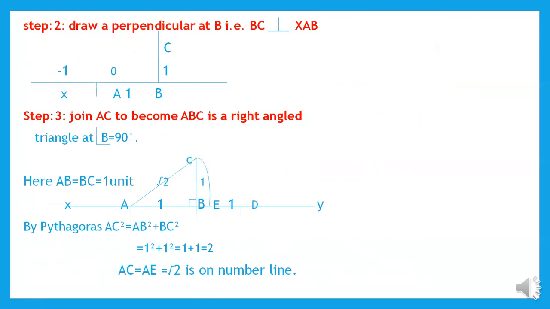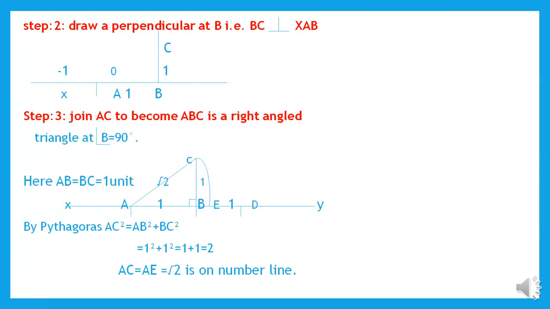Next, step number 3, join AC. If you join AC, then ABC becomes a right angle triangle. Why is it, students? Because BC is perpendicular to XAB. Perpendicular means it is always representing 90 degrees. That's why it becomes a right angled triangle.